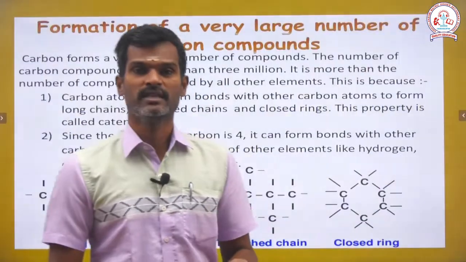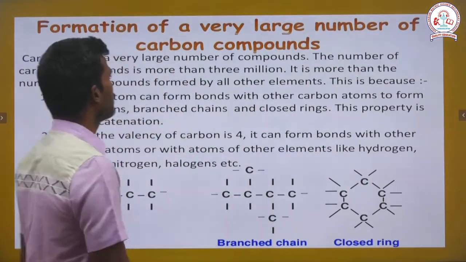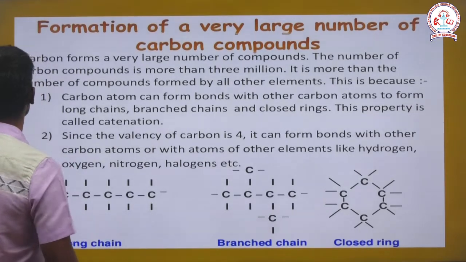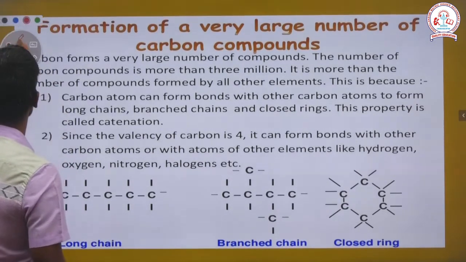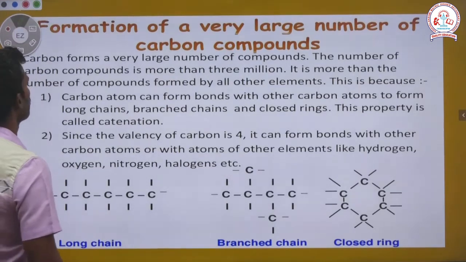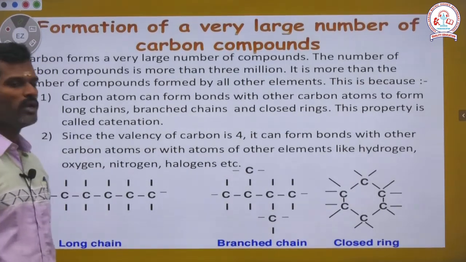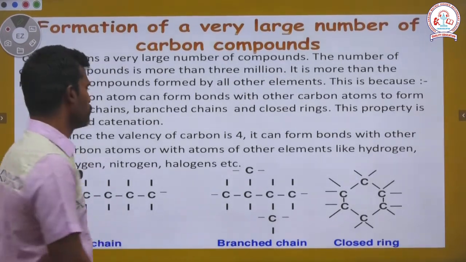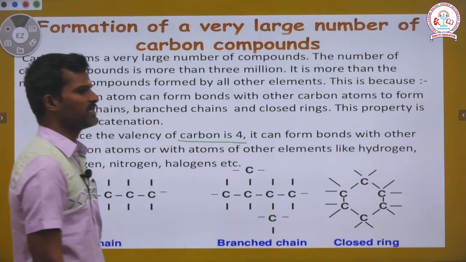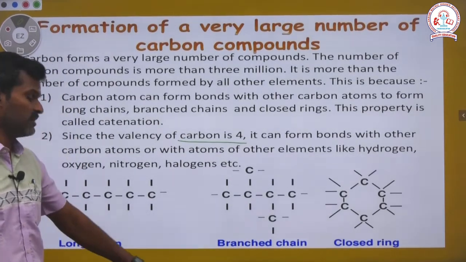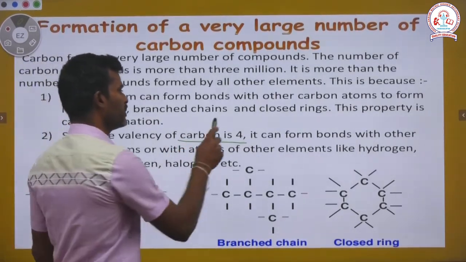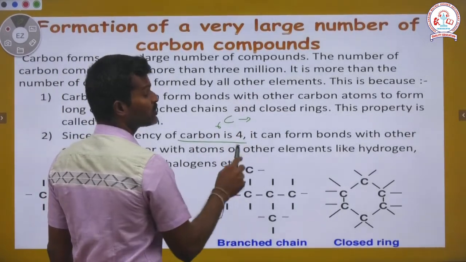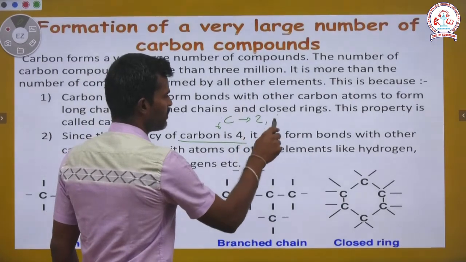Let us watch. The first one, the formation of carbon compounds, we have already seen. This is based on covalent bond behavior, which we have finished discussing. How does covalent bond behavior come about? We clarified that it is explained by carbon's valency of 4. Let me recall: carbon has the symbol C, atomic number 6, and electronic configuration 2,4.